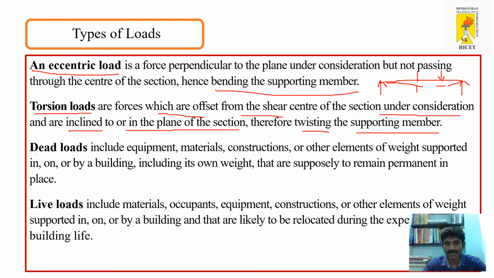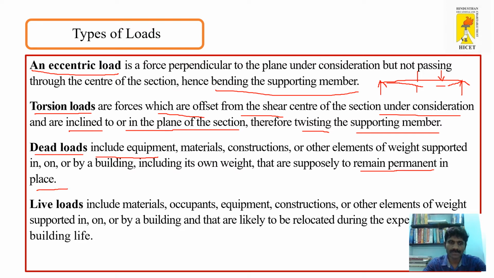So the next load in line is dead loads, which include the load of an equipment, material, construction or other elements of weight supported in, on or by a building, including its own weight. So these weights always remain permanent in a place and it is not alive.